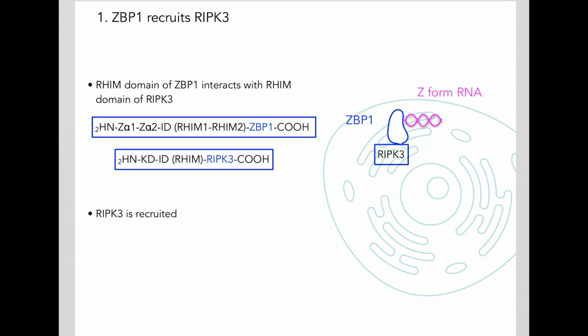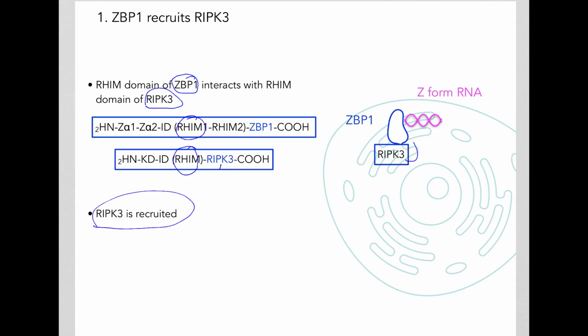So it's not surprising in the next step, the RHIM domain of the receptor ZBP1 interacts with the RHIM domain of RIPK3.